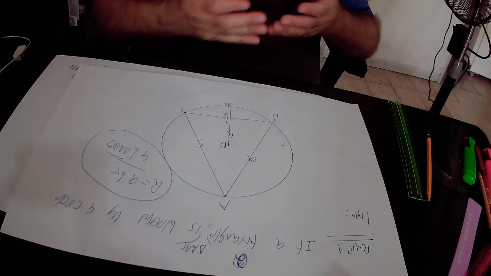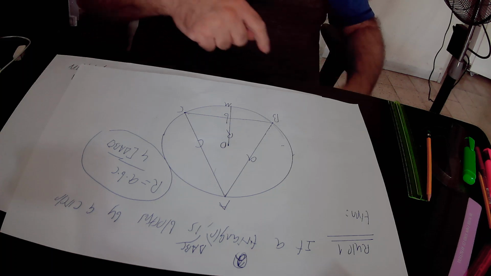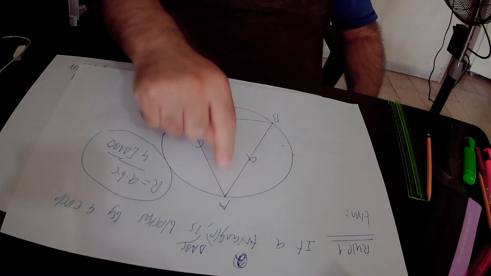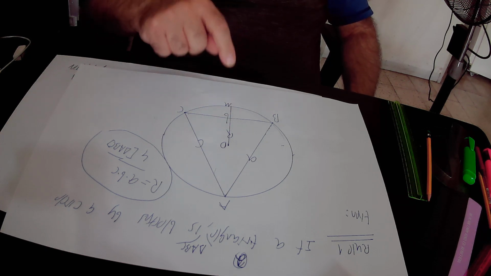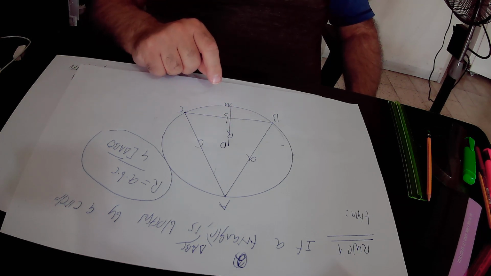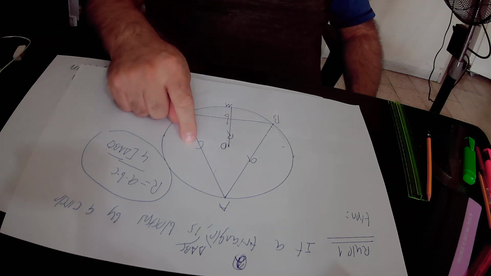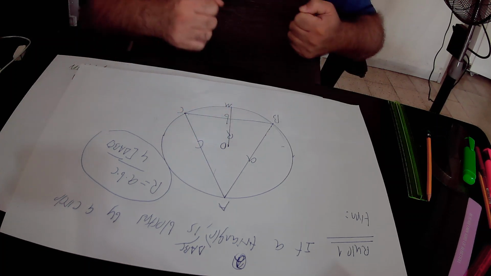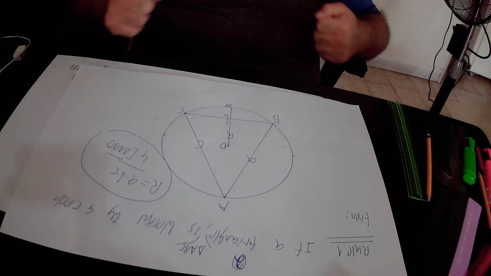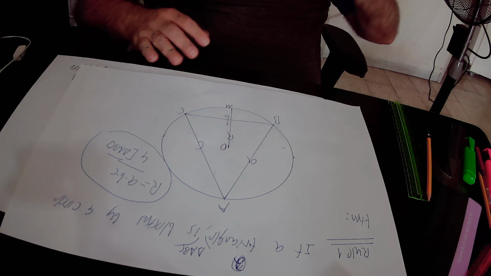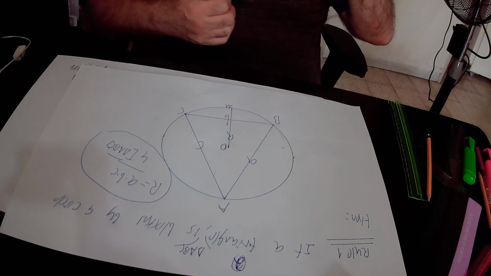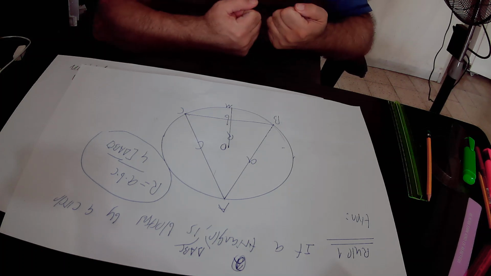So if we have a triangle that is blocked by a circle, like in our drawing, then the radius of this circle, that is to say capital R, will be equal to A times B times C, that is the multiplication of the side lengths of triangle ABC by each other, over 4 times the area of this triangle, triangle ABC. What is the definition of a triangle that is blocked by a circle?